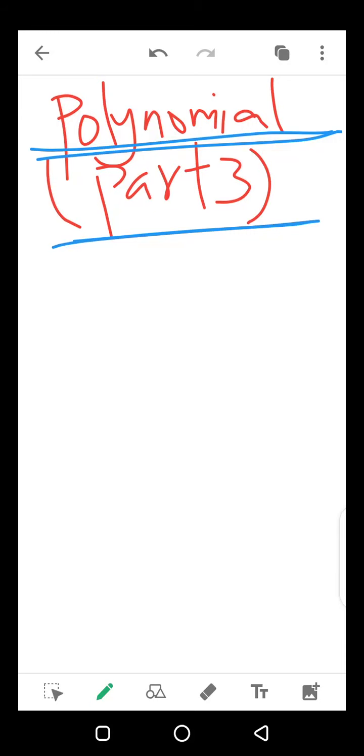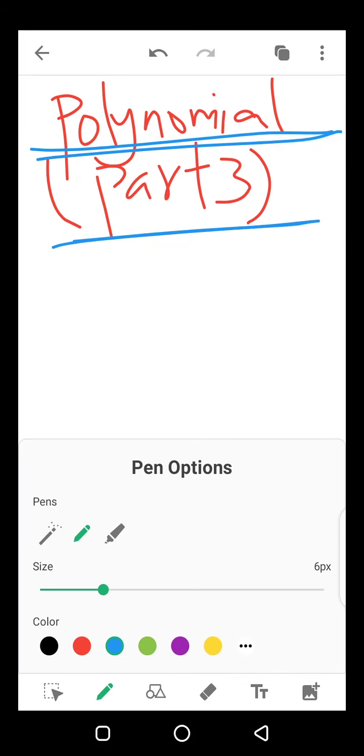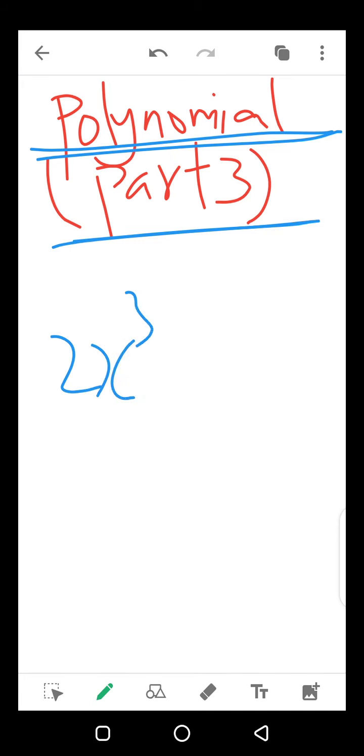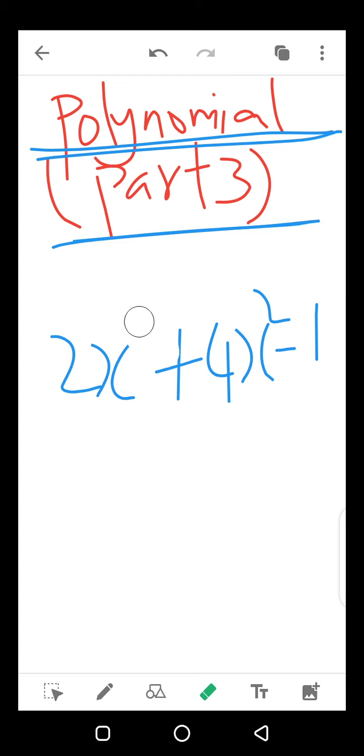For instance, if we have 2x raised to power 3 plus 4x raised to power 4 minus 1, what we are going to do is to arrange this in descending order.